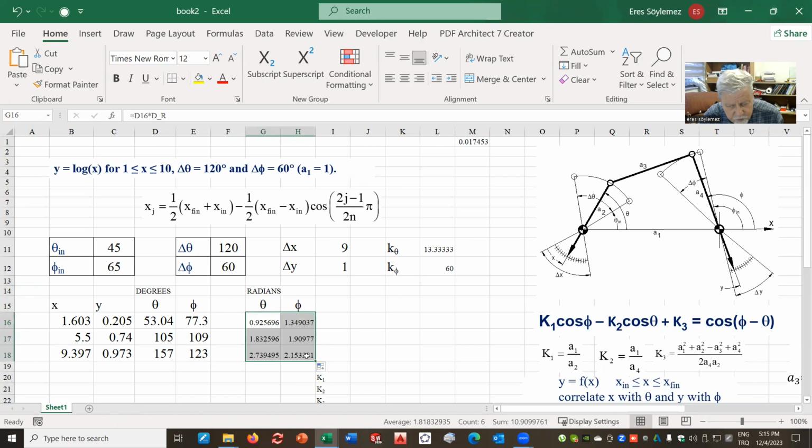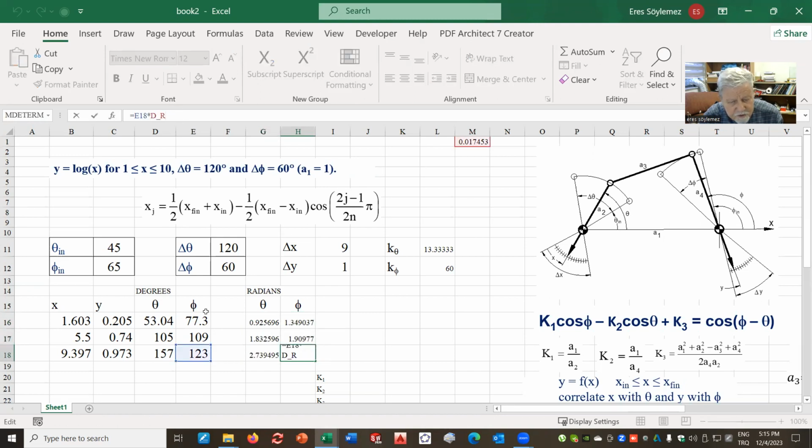Copy them like this, move these cells. Notice this is phi 3 times DR. So I have these terms.